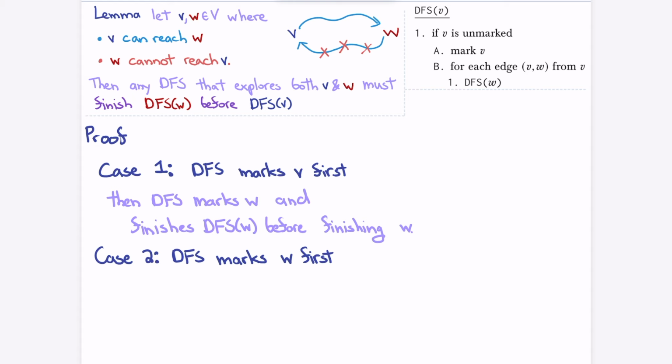And then what happens if it marks W first? Let's say DFS marks W first.